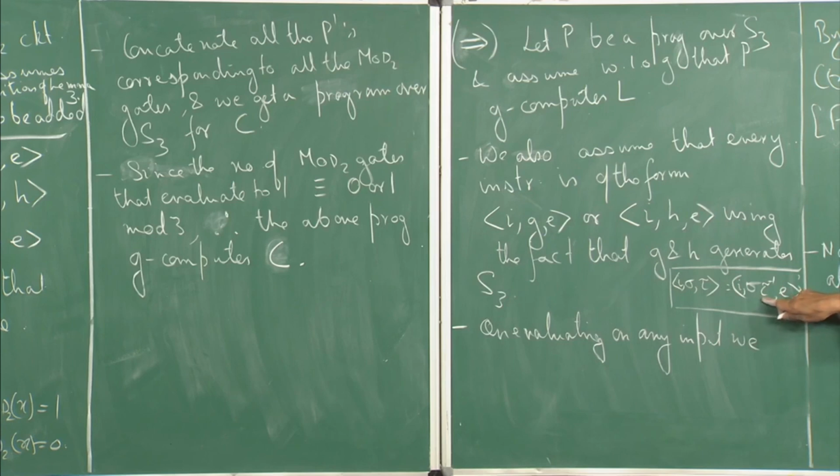Now, this is generated by G and H, okay. So, this is something of the order G to the power A, H to the power B, for some A and B. So, now I just divide it into that many G's and H's, okay.